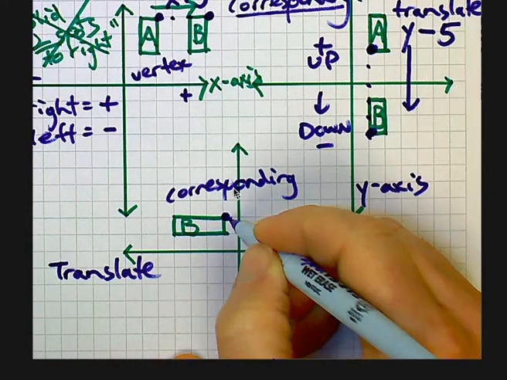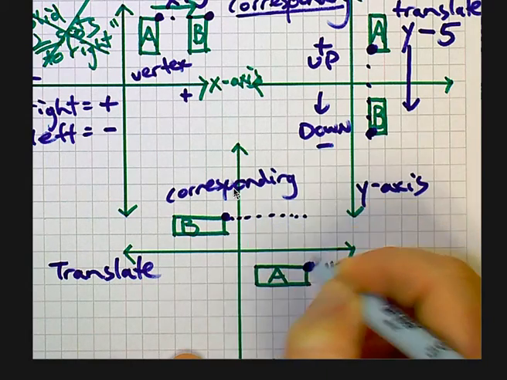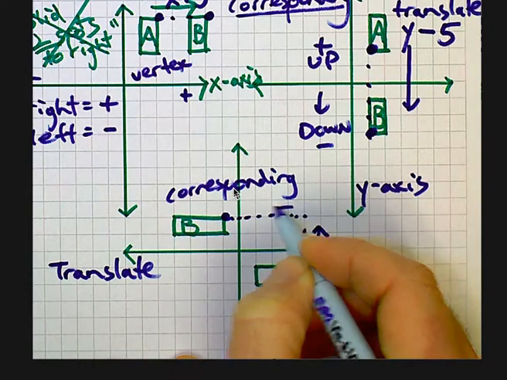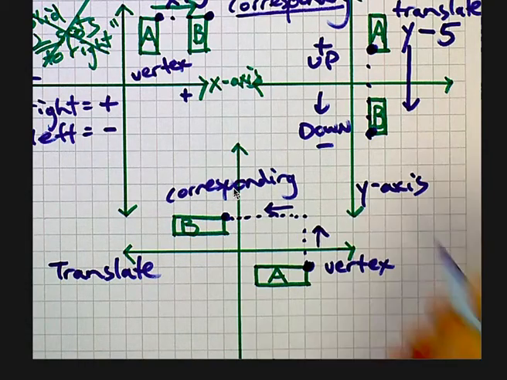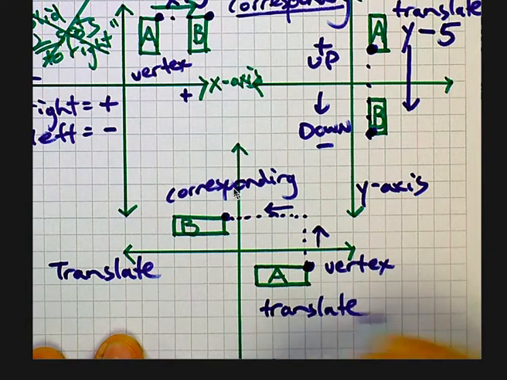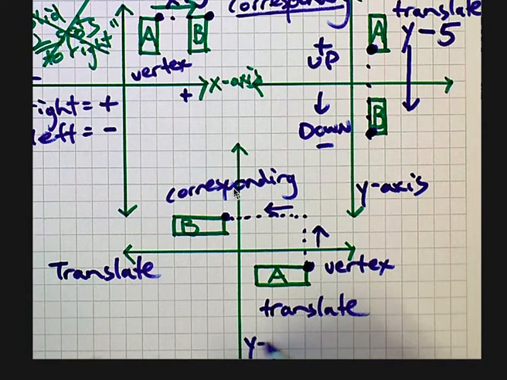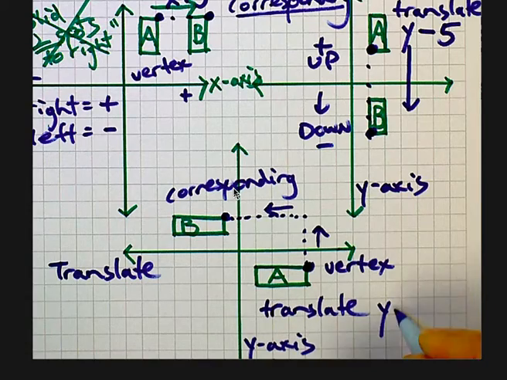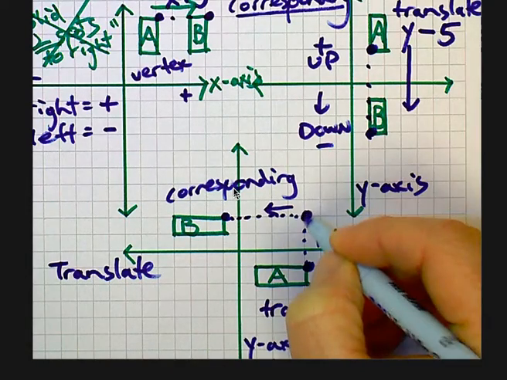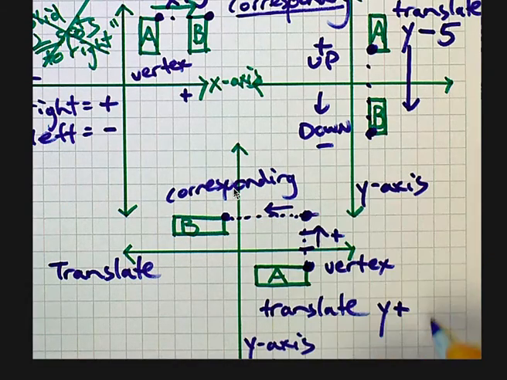So obviously this one needs to go up and left, right? So we're going to translate. Up and down is y. So we're going to translate. Is it going up? Yes. And how much? 1, 2, 3.